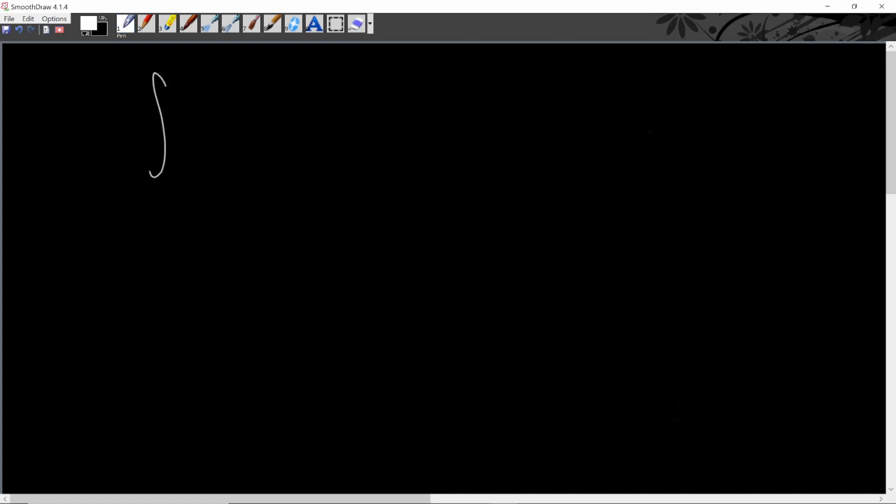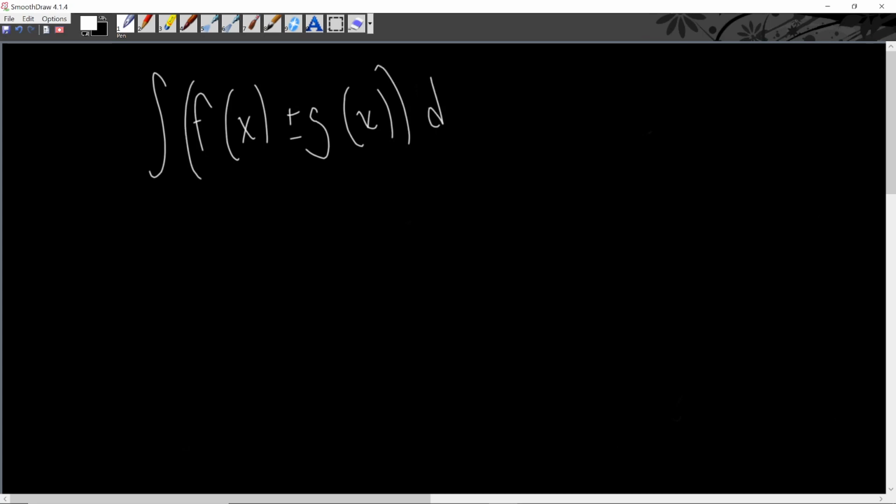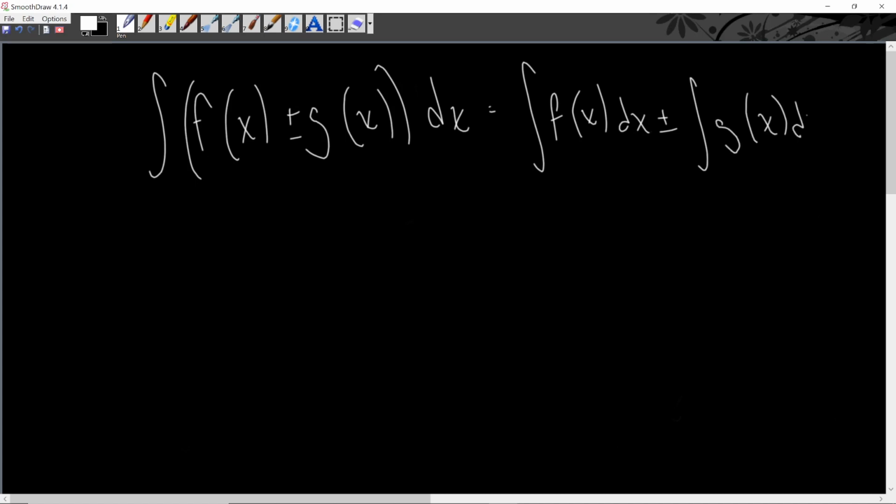We have the indefinite integral of the sum of two functions, f of x plus, let's use plus or minus, since we're going to try and prove both of these at the same time. The integral of f of x plus or minus g of x dx is equal to the integral of f of x dx plus or minus the integral of g of x dx.